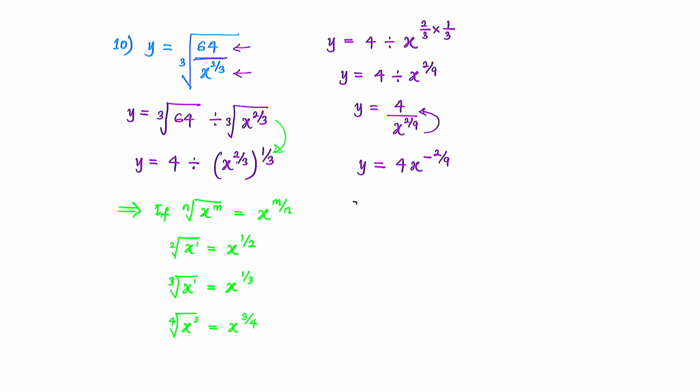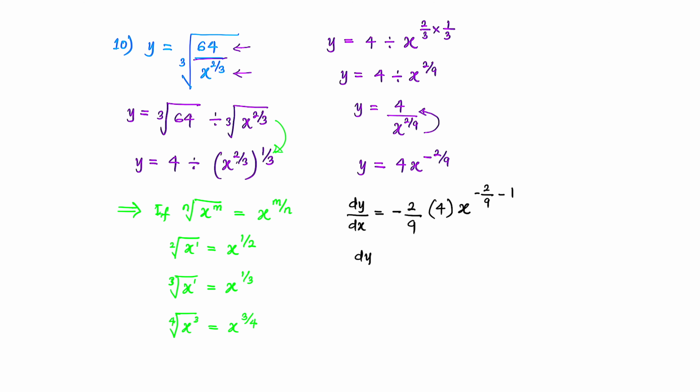So dy dx equals, bring the power down, negative 2 over 9, multiply with the existing coefficient 4, write the variable back, subtract 1 from the power.